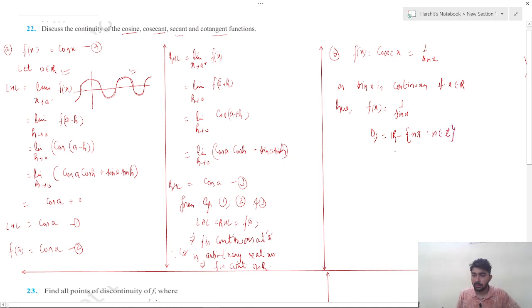Okay, because we already know the graph of sin x. Here you can observe the graph of sin x, it is like that.